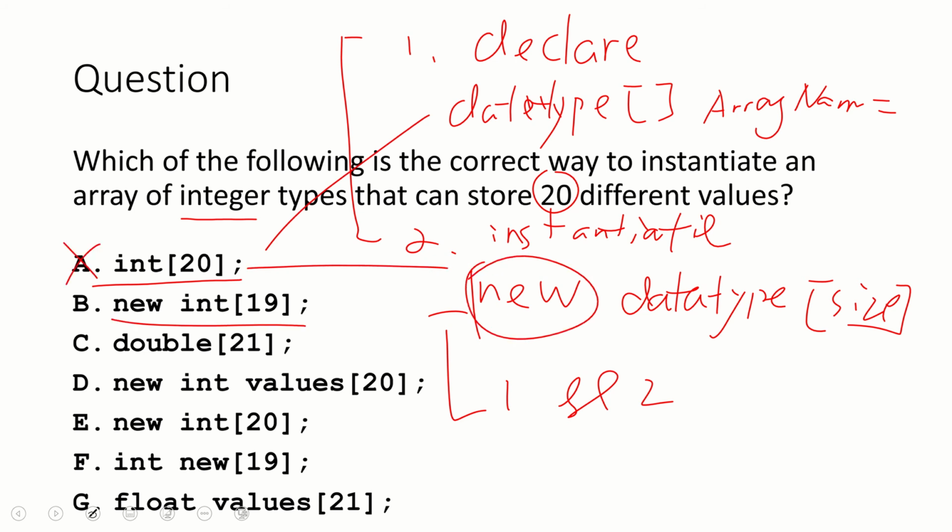This is initialization with the same data type with size 19. We need 20, so this is not correct. This one is double, so not correct. When we declare, we use the data type with no value. So this one should be right, and we have to switch and change it.